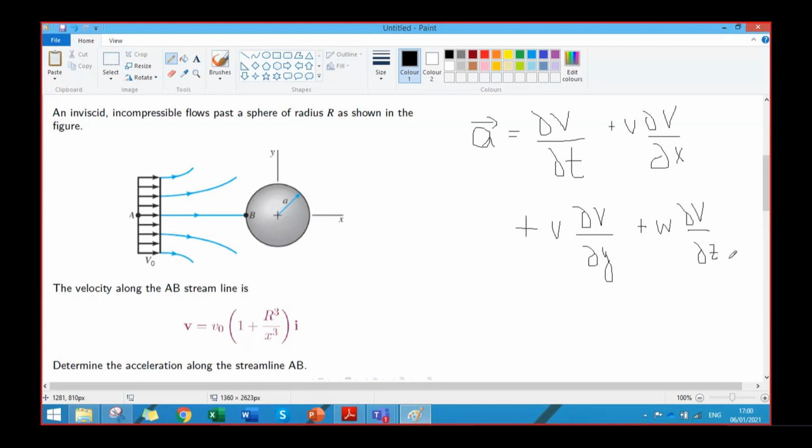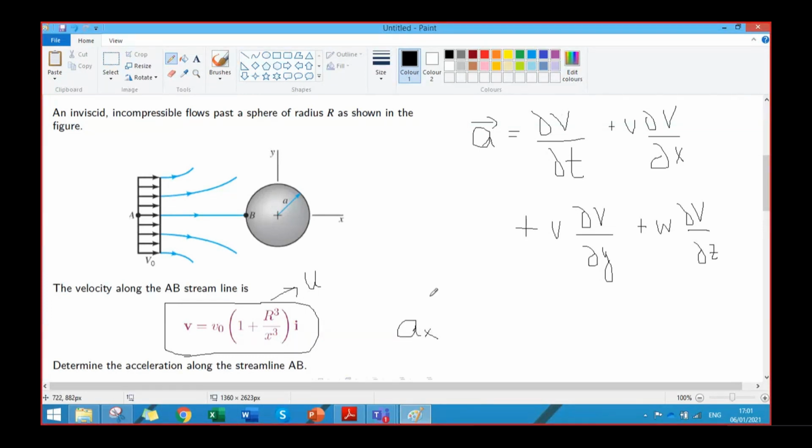If we see the velocity function given to us, this component is only the u component, right? It's a one-dimensional flow. There's only one flow direction, which means we will only have the x component, ax, of the acceleration. There will be no ay, no az.